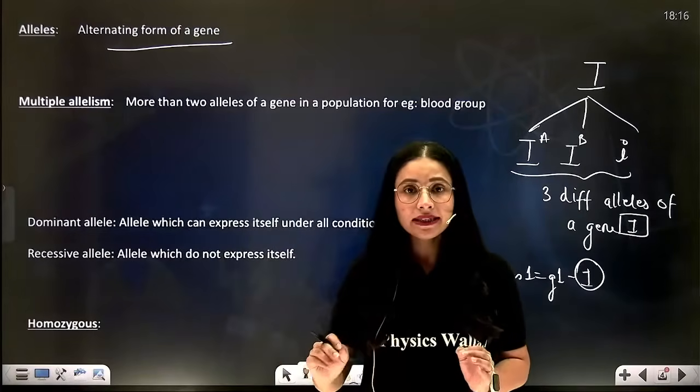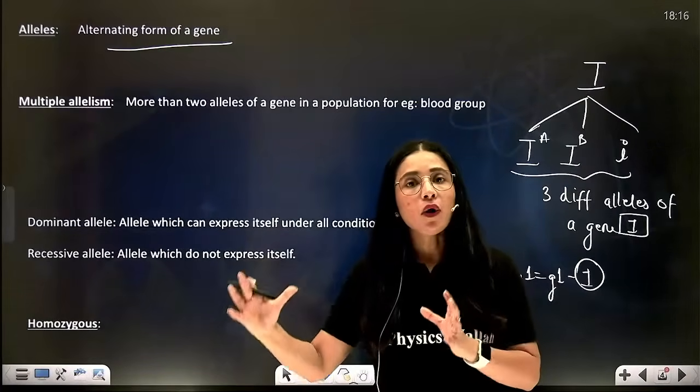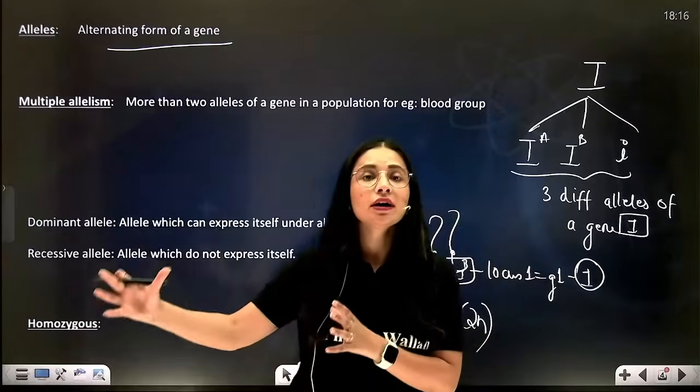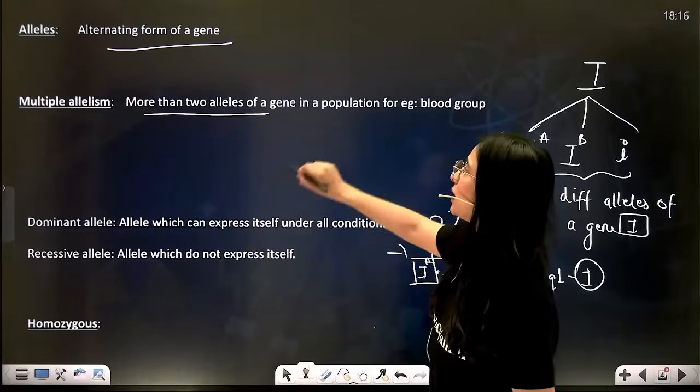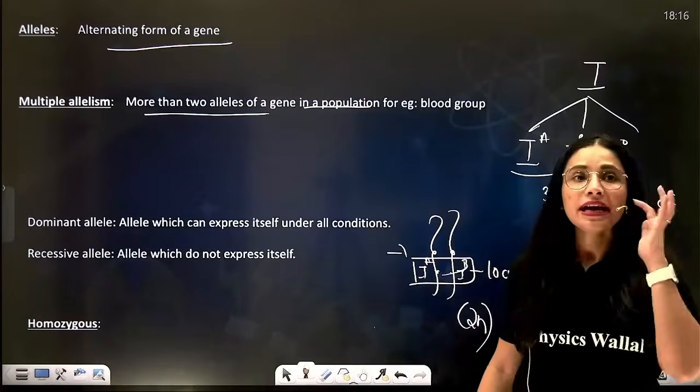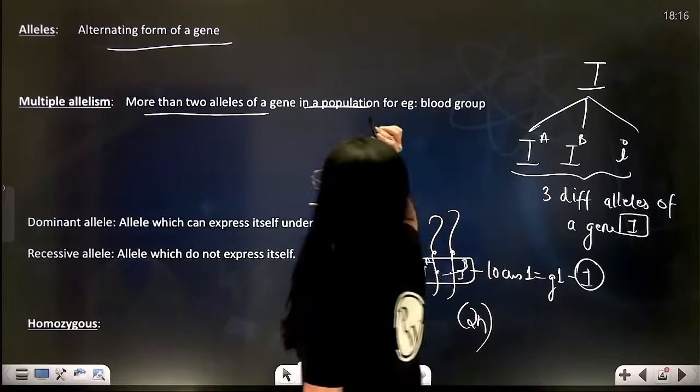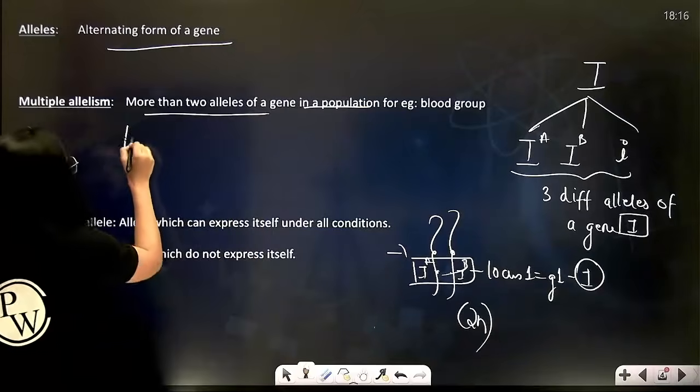So what is an allele? An allele is simply the alternating form of a gene. Correct? Next, multiple allelism. More than 2 alleles of a gene in a population is called multiple allelism. Example, blood group.